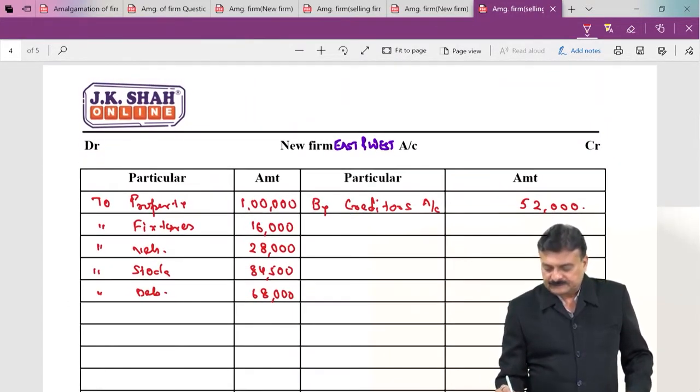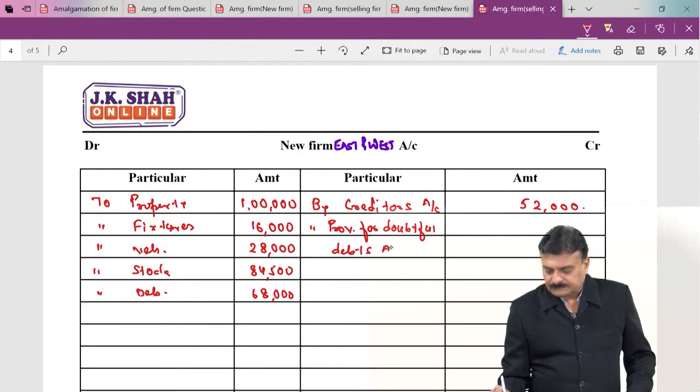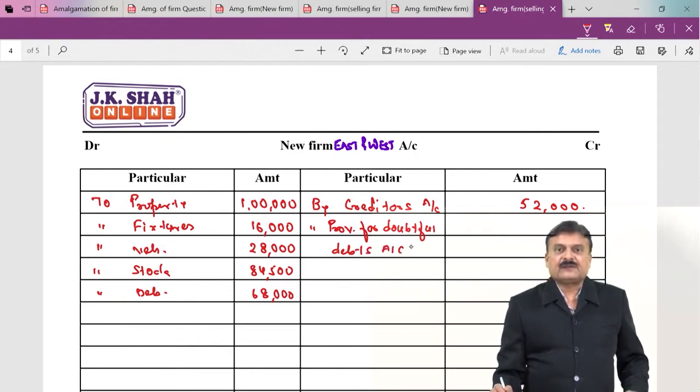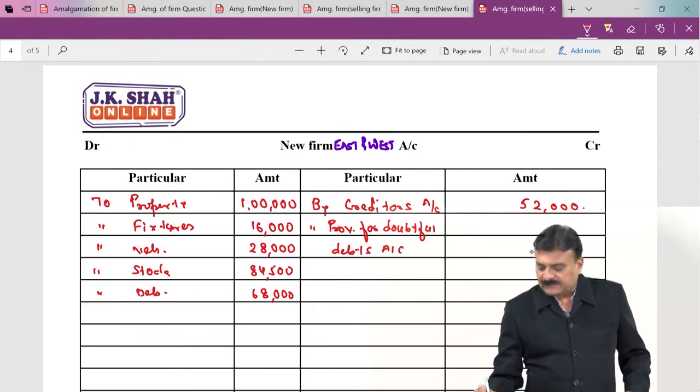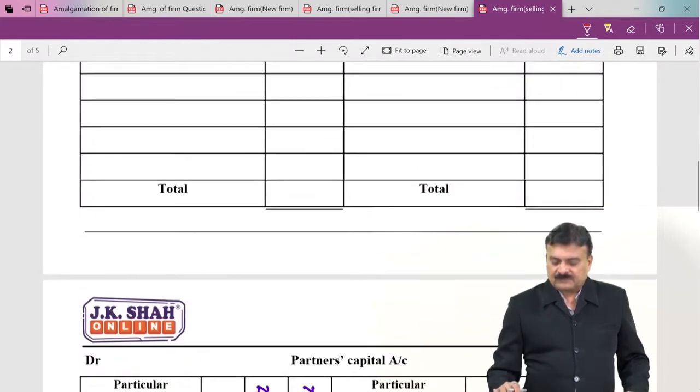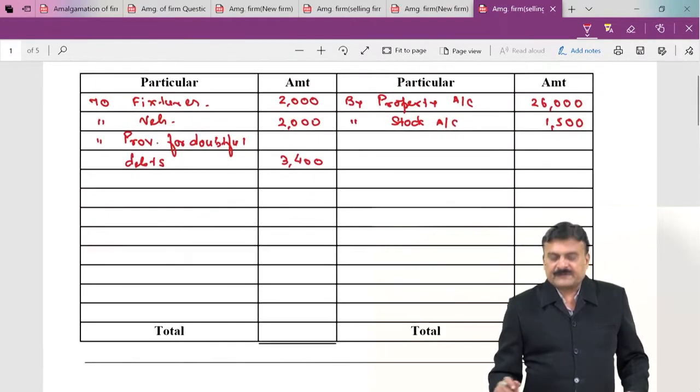So, by provision for doubtful debts. On 68,000 it was 5%. So, amount of provision was 3,400.